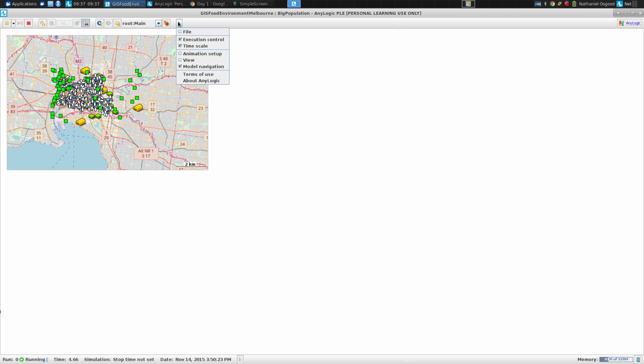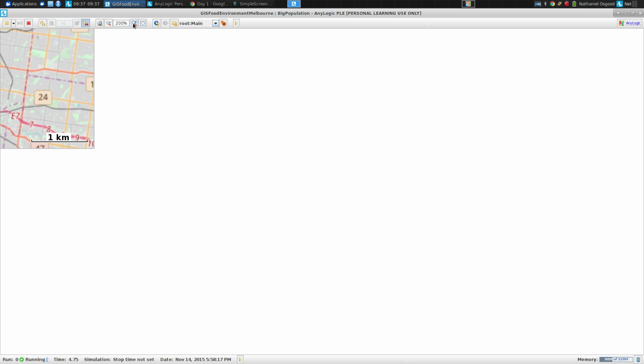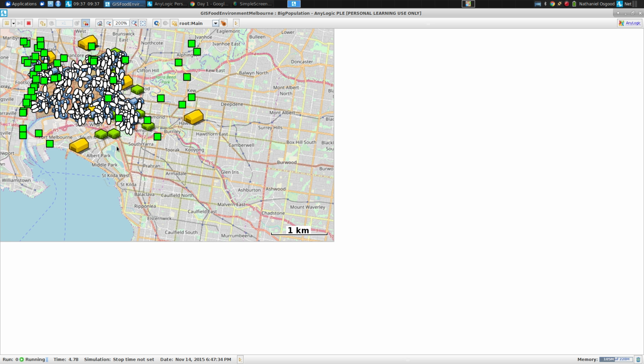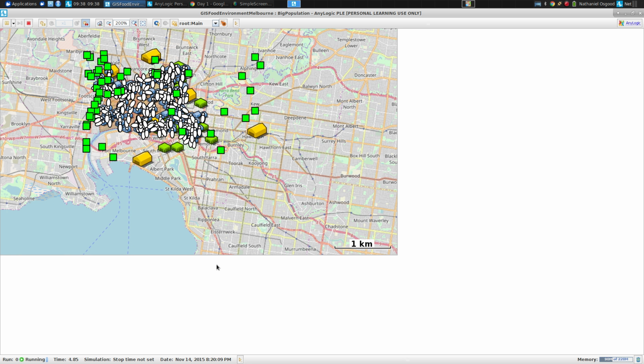So we have this mixture here, a combination between model generated information and information that's drawn from GIS databases. And I'll show you in a minute how we get that model generated synthetic database of people.